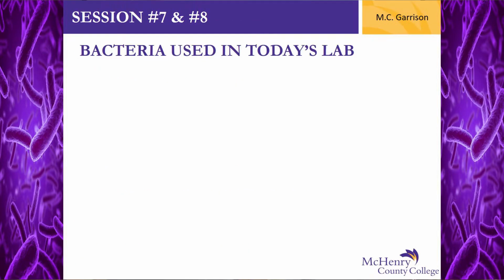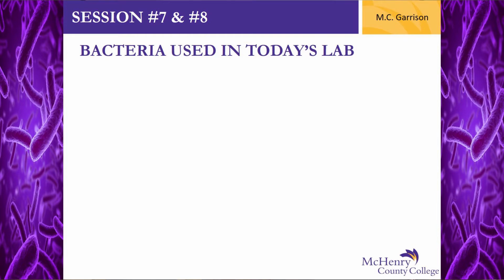Okay, so let's take a look at the bacteria we will be working with in today's lab. The first 2 bacteria we are going to work with again and again and again, and I want you to become so familiar with these 2 that you don't even have to think about their gram stain.